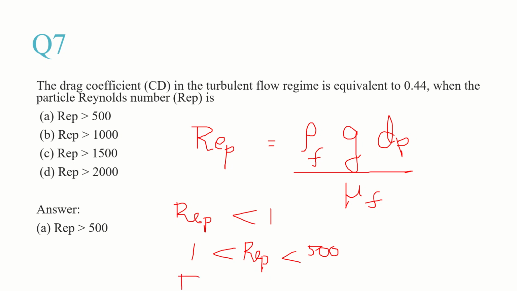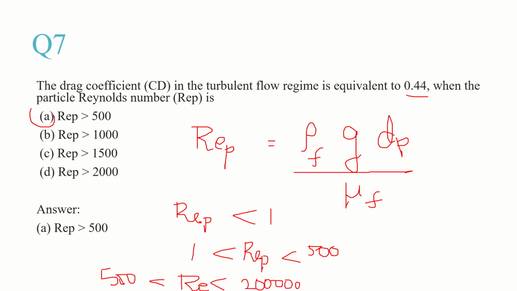And if Re_p is greater than 500 and less than 2 lakh, this is known as the turbulent regime, where the drag coefficient is equivalent to 0.44.